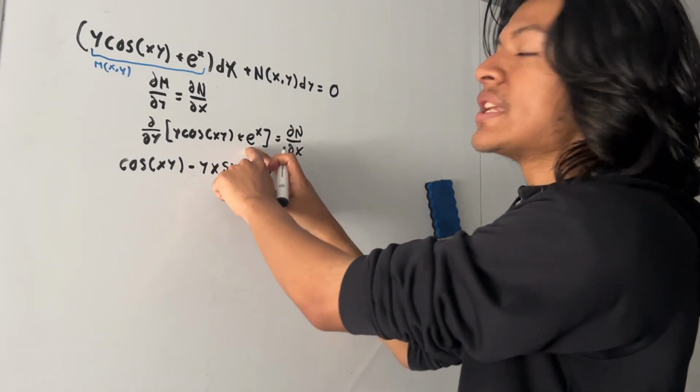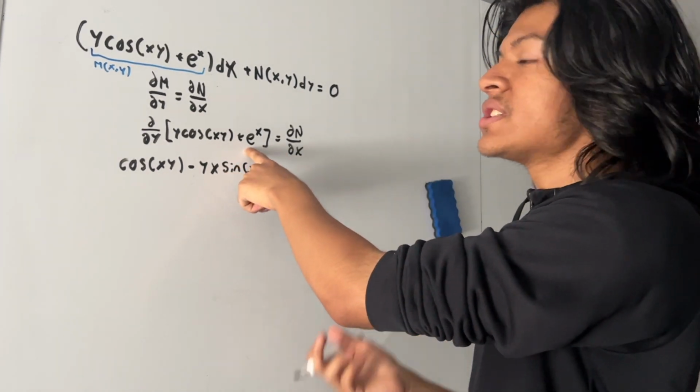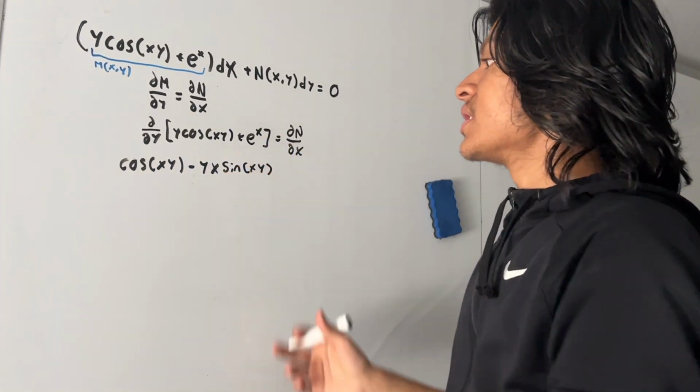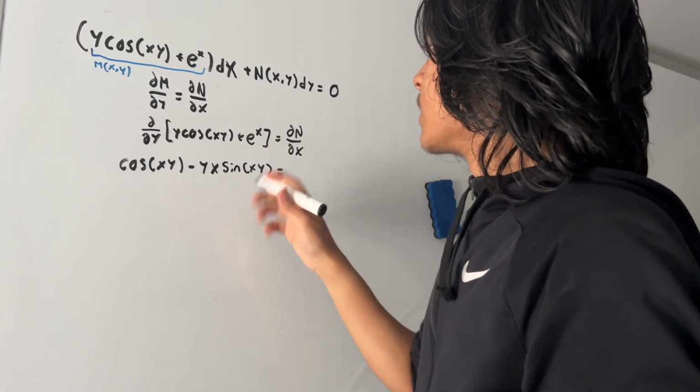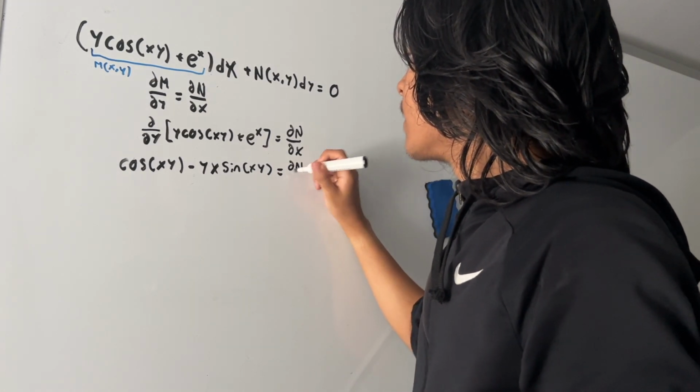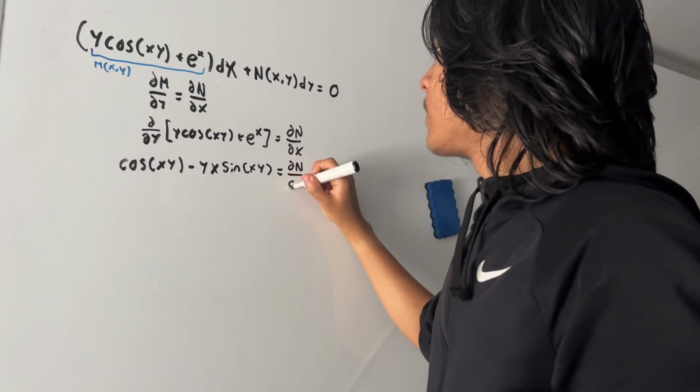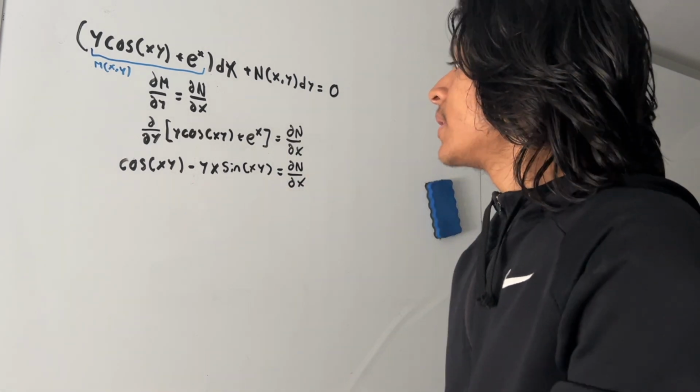And as for this e to the x, that's just a constant in the y world, so this just turns it to 0. So this is going to be equal to the partial of N with respect to x.